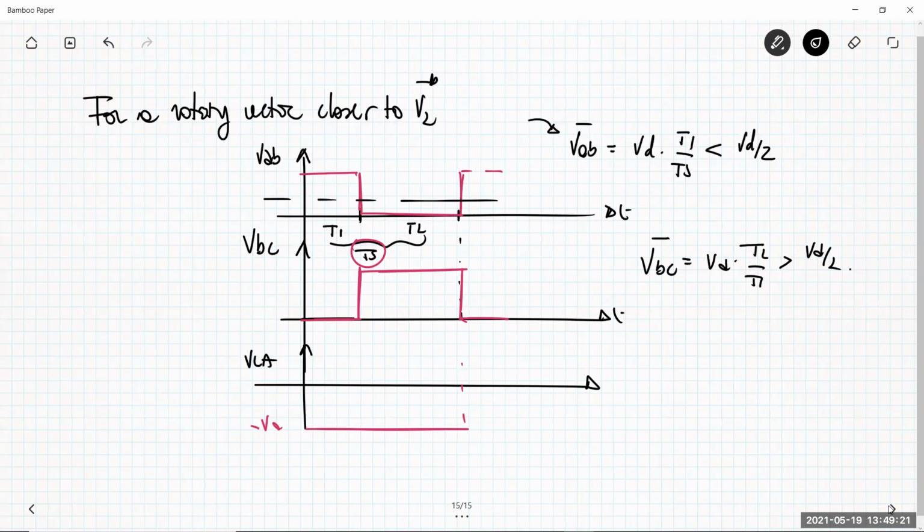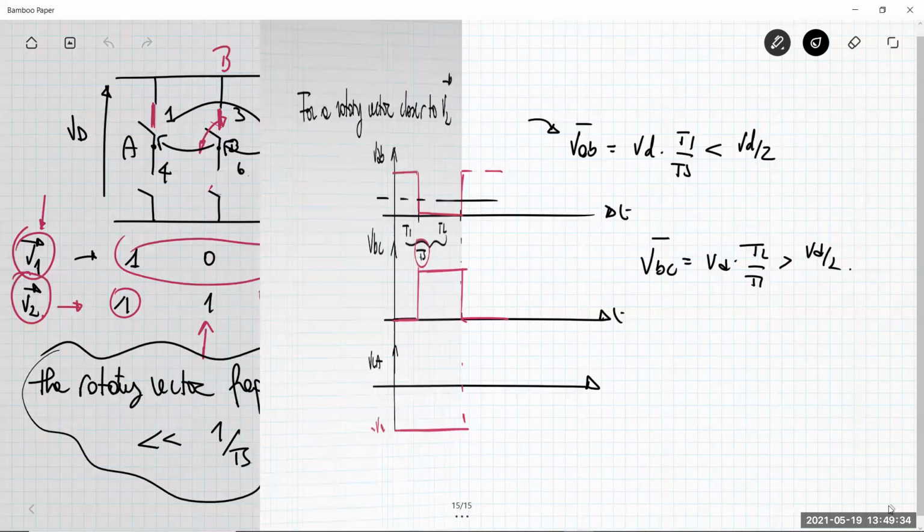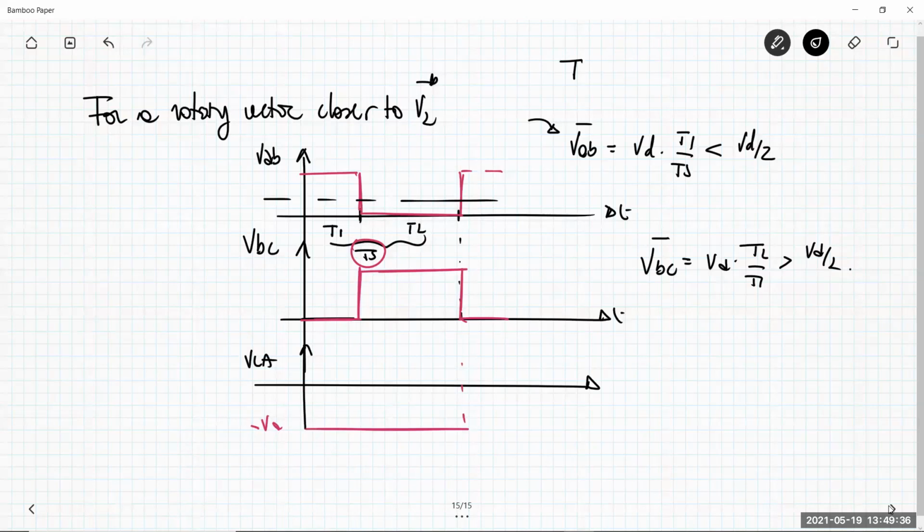By choosing T1 and T2, I can synthesize exactly the position. For example, T1 equal to T2 means that I'm synthesizing something exactly in between V1 and V2. If I choose T2 larger than T1, then I'm synthesizing something closer to V2, etc.